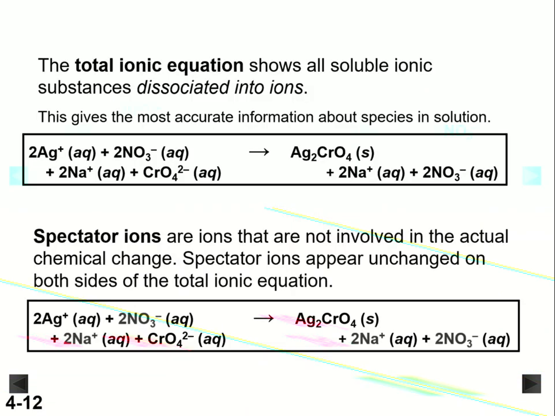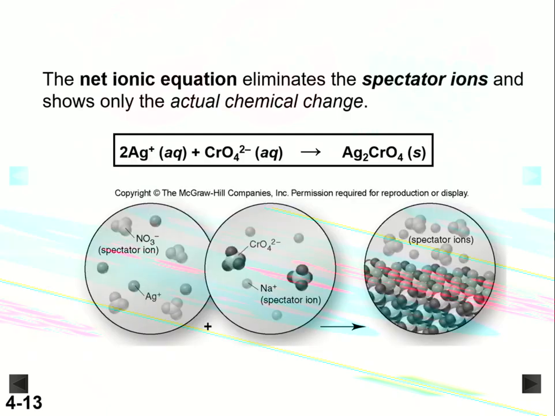The total ionic equation shows all the soluble ionic substances dissociated into ions, so the spectator ions are still present. Even though they're not participating, they're written down in the reaction. The net ionic equation eliminates those spectator ions. And so we only have the ions that are reacting.